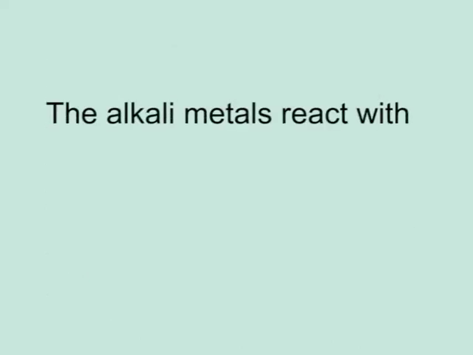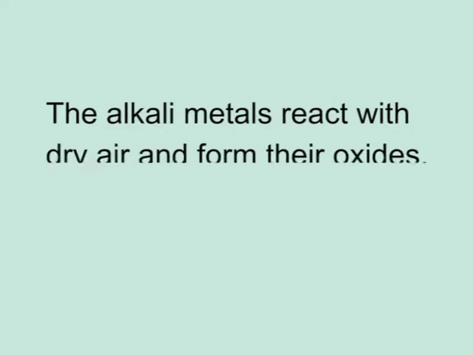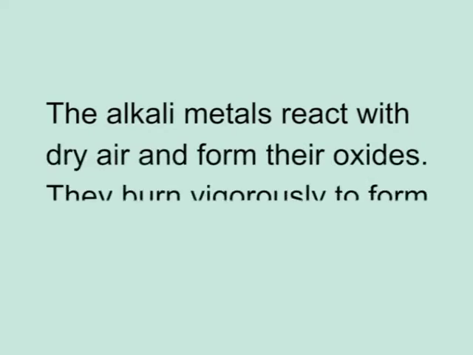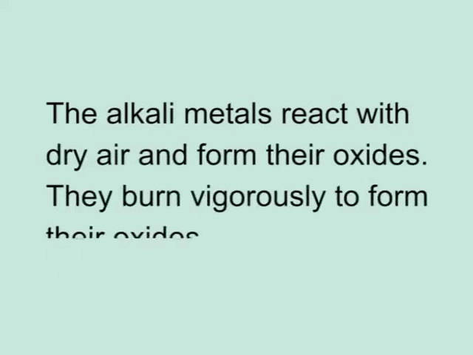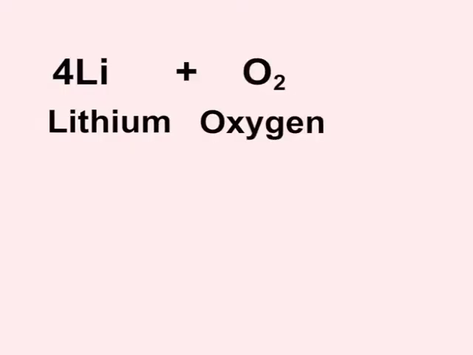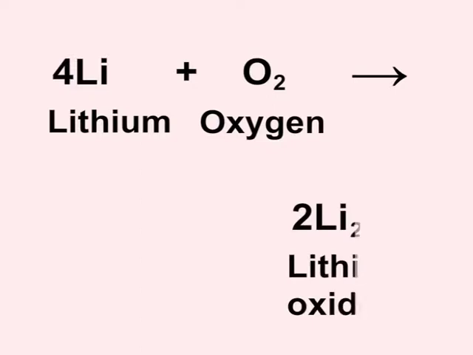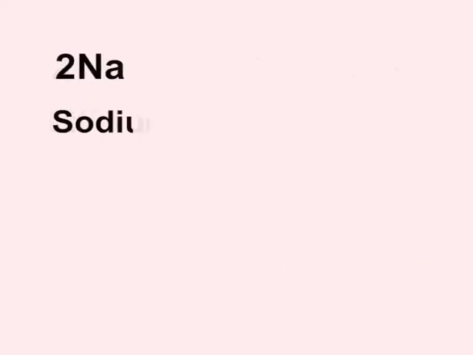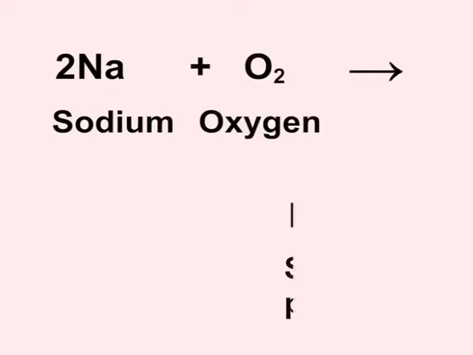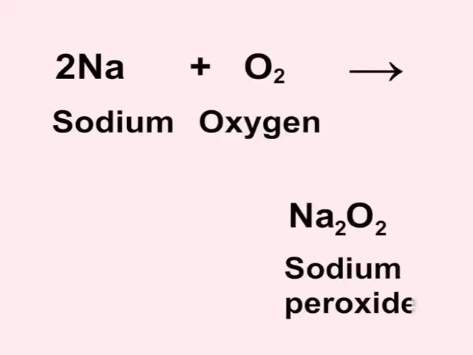The alkali metals react with dry air and form their oxides. They burn vigorously to form their oxides. Lithium reacts with oxygen to form lithium oxide. Sodium reacts with oxygen to form sodium peroxide.